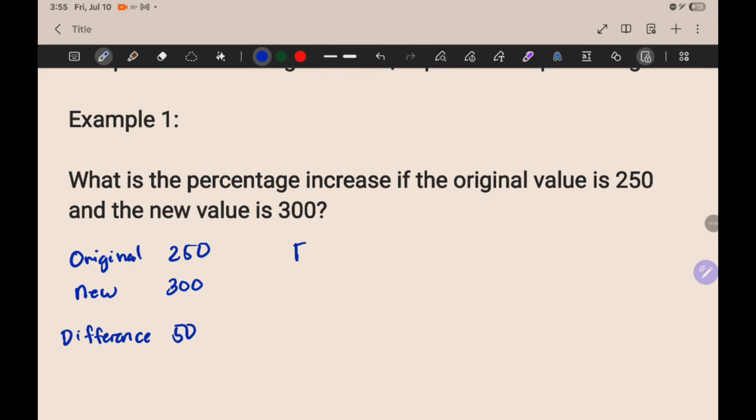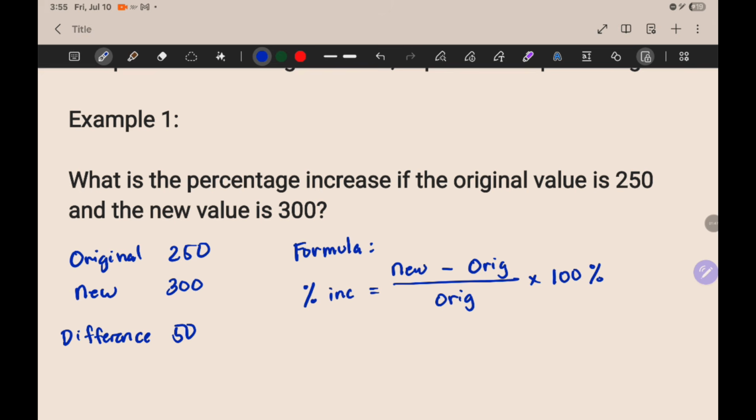So, we will be using the formula, of course. Ang formula po ng ating percentage increase is: percentage increase is equal to the new value minus the original value all over the original value multiplied by 100%.